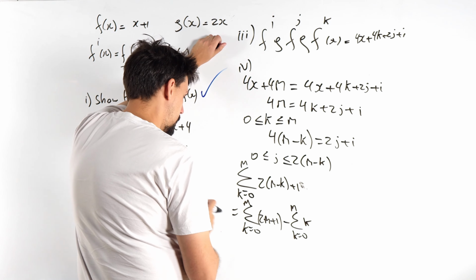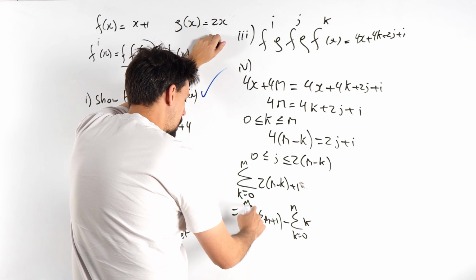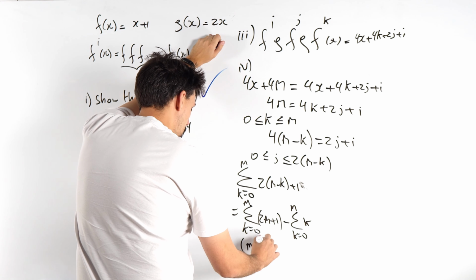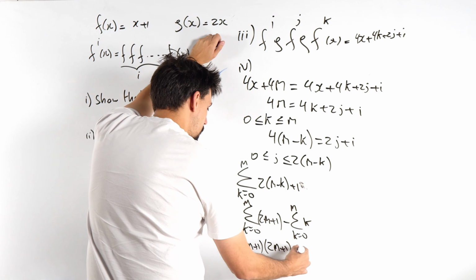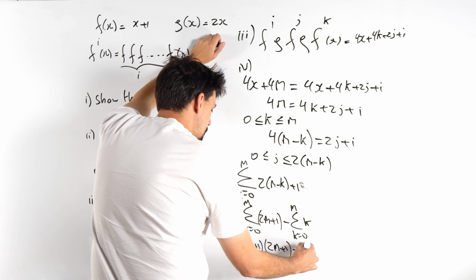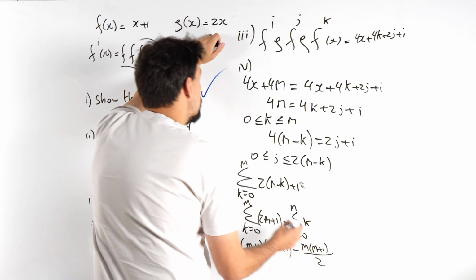All right. So that's just constant. 2m plus 1 is constant, and I've got m plus 1 of them. I've got m plus 1, 2m plus 1s. Now the sum of the integers from 0 to m is m plus 1 over 2.